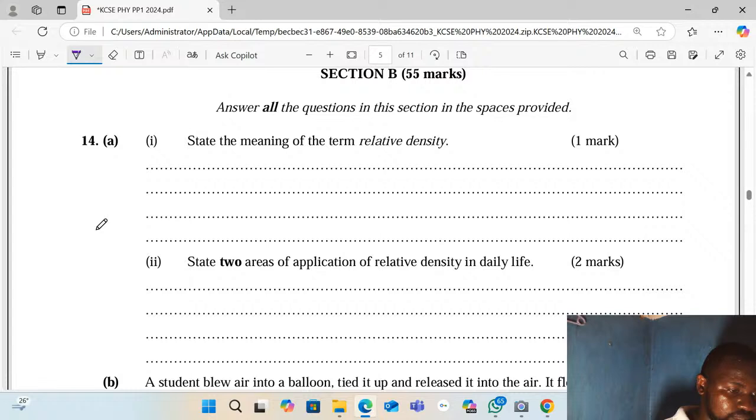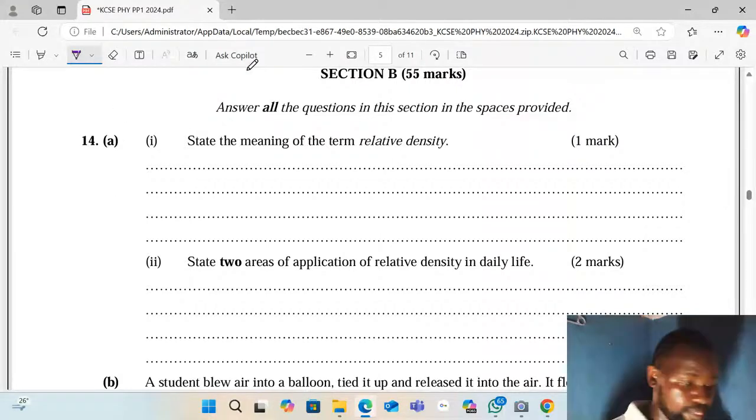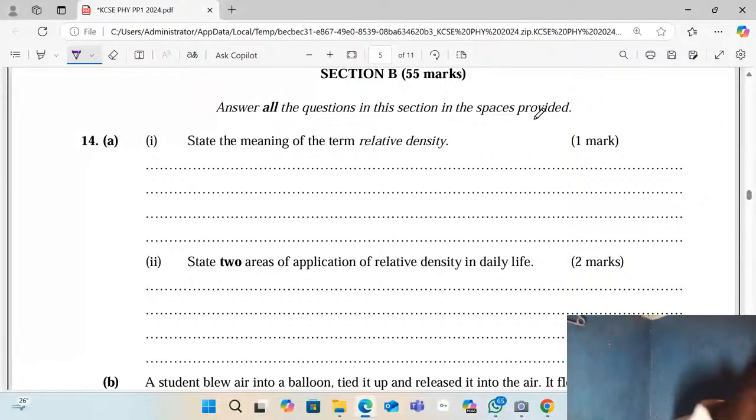Now we have section B, which is of 50. Then this is the ratio of density of a substance.